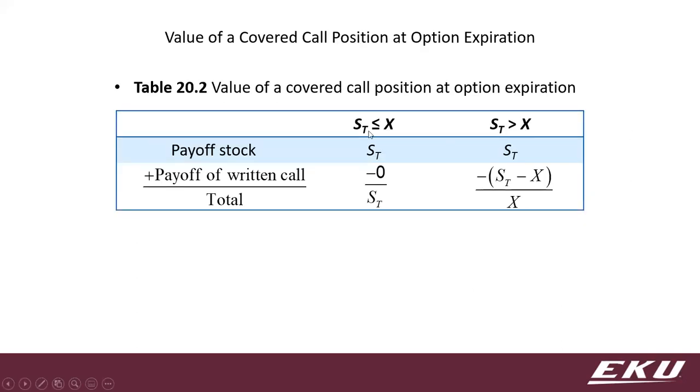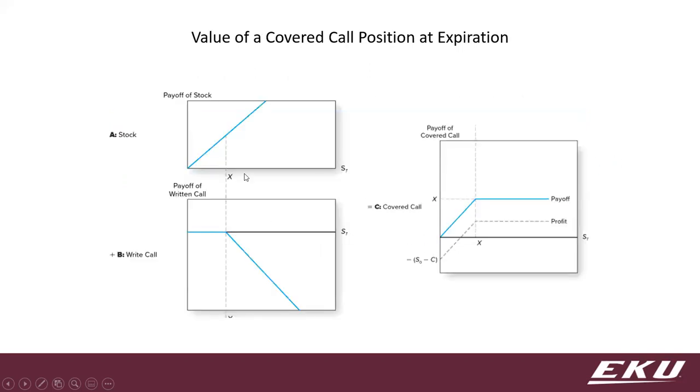So in the event that the price is less than the exercise, then I get the payoff of the stock. If the price is above the exercise, then they're going to call me out of the market, but I still get X. So what this will do is put a cap on my upside position.